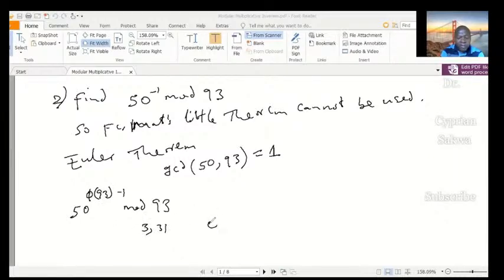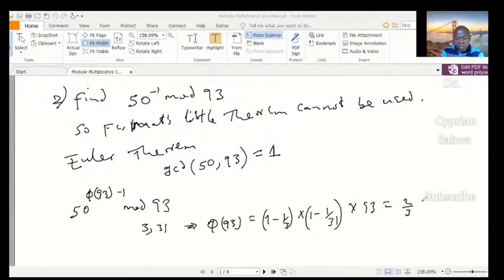And therefore, the Euler phi of 93 will be 1 minus a third, times 1 minus 1 over 31, times 93. This is just 2 out of 3 times 30 out of 31 times 93, and this gives you 60.